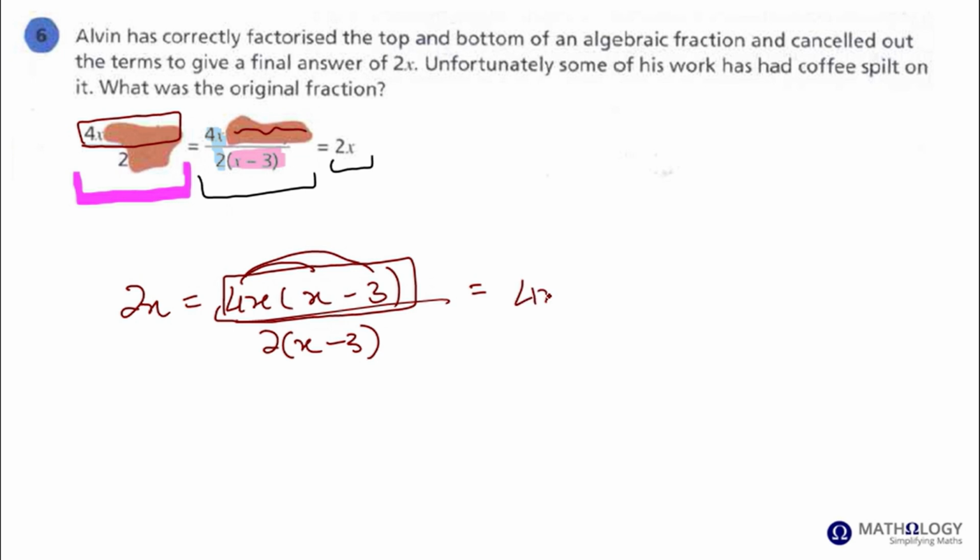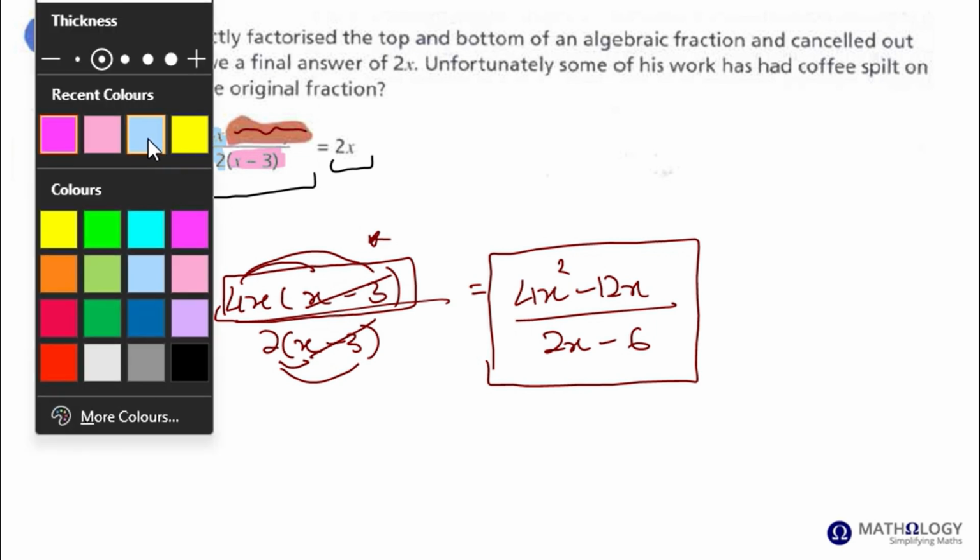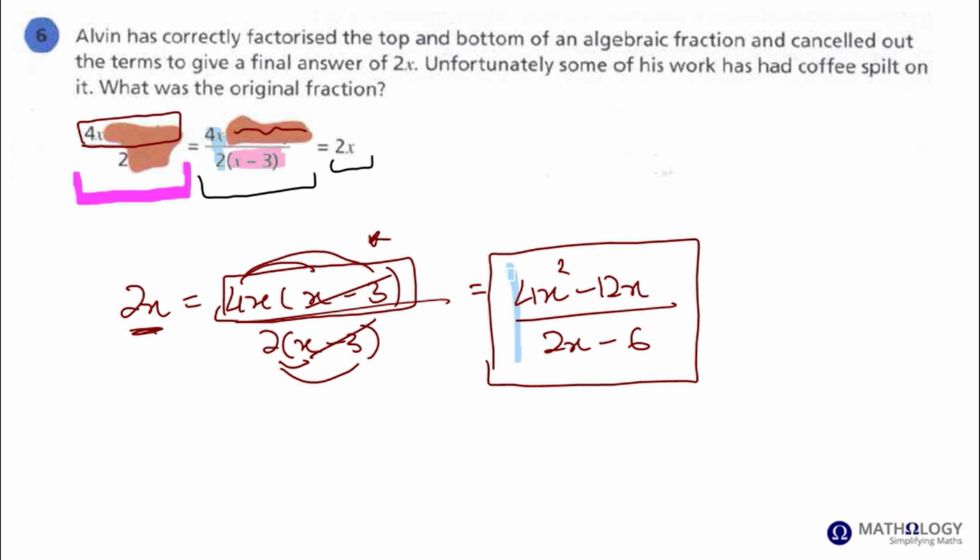So the numerator will have 4x squared minus 12x divided by, we bring the 2 into the brackets, 2 times x and 2 times minus 3. We have 2x minus 6. So this is the original fraction that Alvin started off with, factorized it, and got to this step, cancelled the x minus 3 brackets, and had 4x divided by 2, which gave him an answer of 2x. So this is the original expression that Alvin started off with.